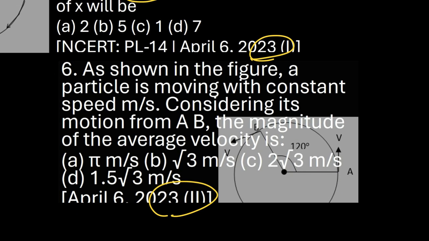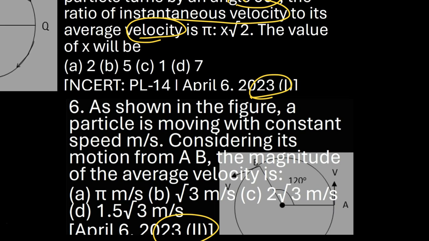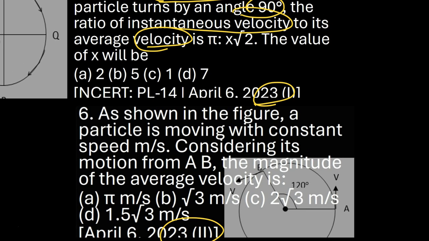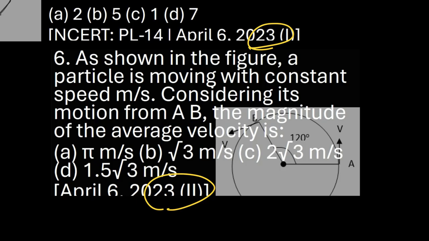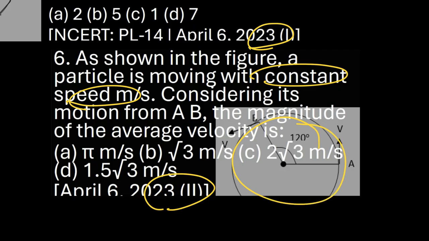Oh no, it's on the same date. That's interesting. Maybe that's an error with my file here. Anyway, what we have here is constant speed, circular motion, and we need to find the average velocity.